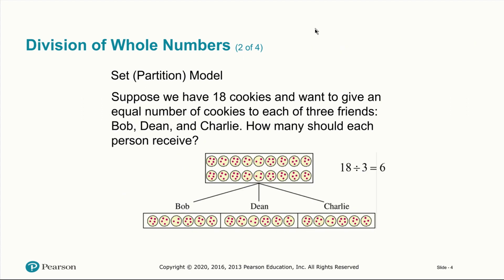All right, so here's a look at the set model. Suppose we have 18 cookies and we want to give an equal number of cookies to each of 3 friends, Bob, Dean, and Charlie. How many should each person receive?